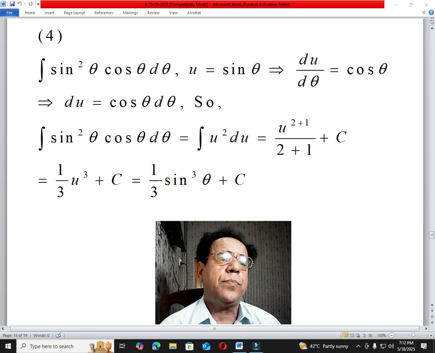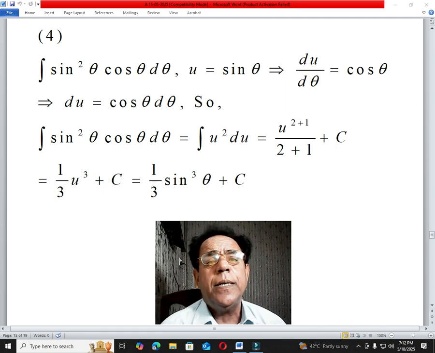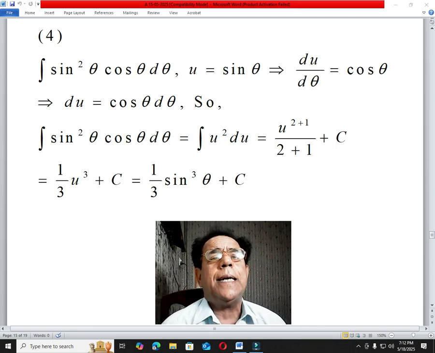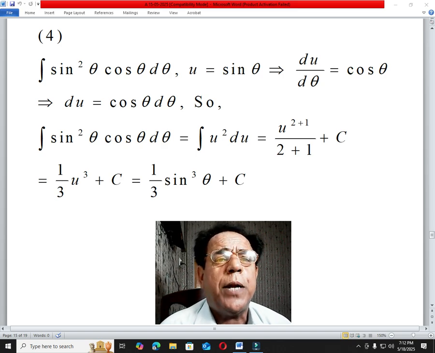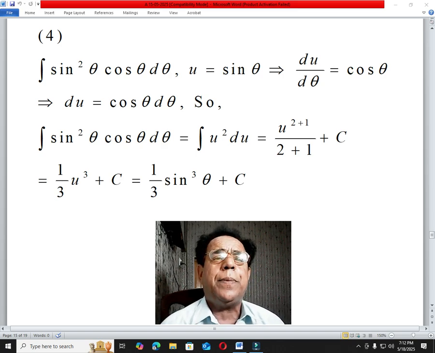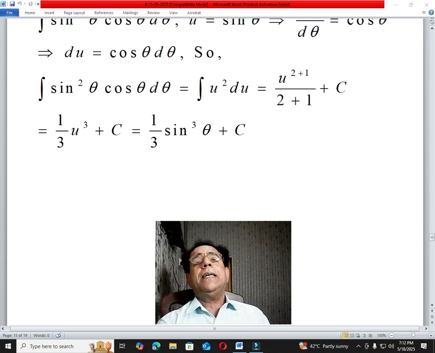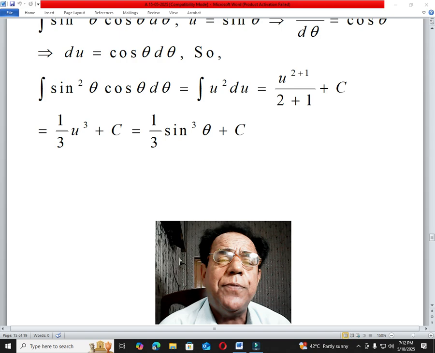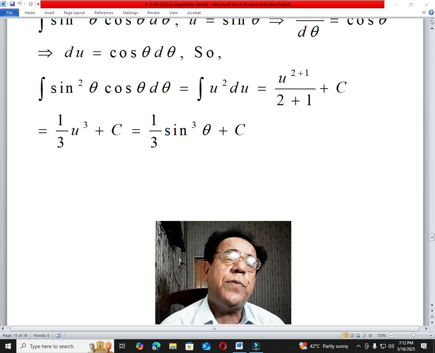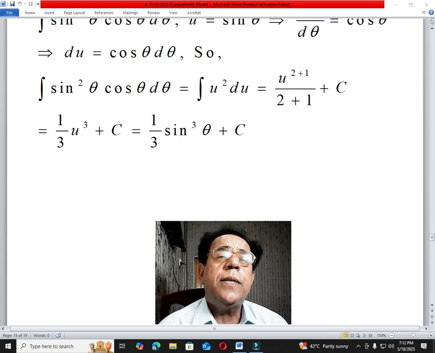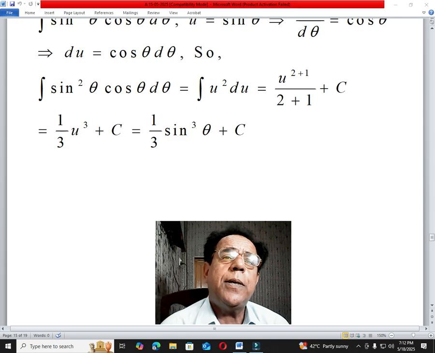Okay, problem solved. Next step, we know that here the power rule will be applied. That is to say, this power or exponent 2 will be increased by one, and this addition will also appear in the denominator, and simultaneously a constant will be added. Okay, so we will get u raised to power 2 plus 1 divided by 2 plus 1.